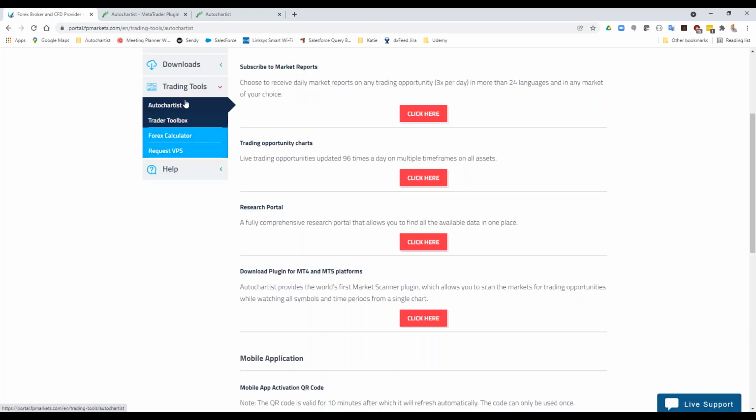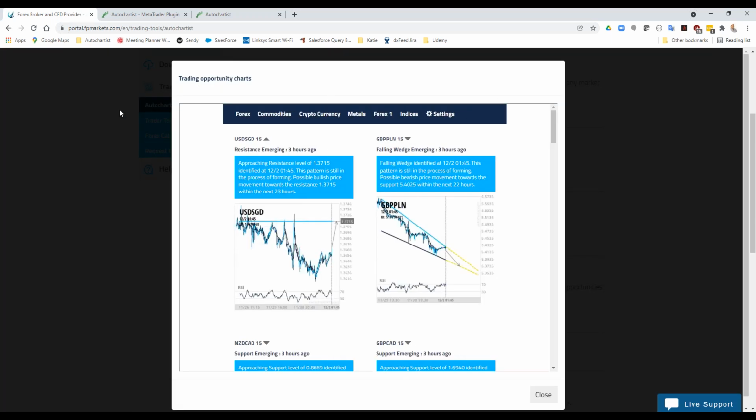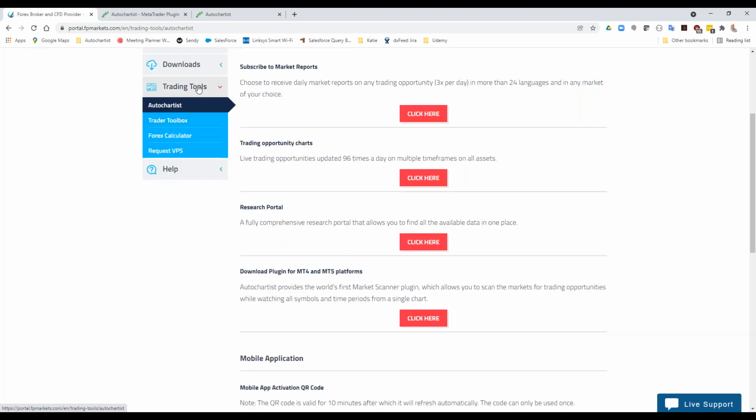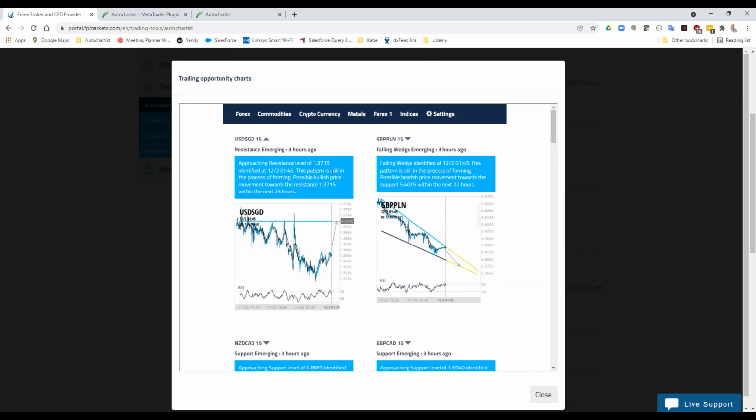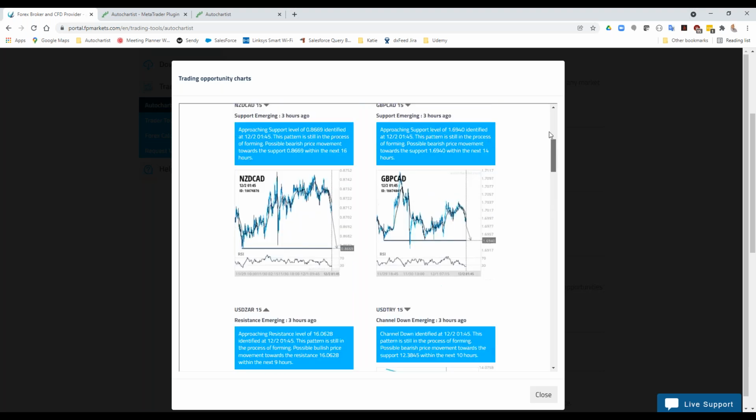There's also trading opportunities charts on the FP Markets website. If you click on Trading Tools, Autochartist, Trading Opportunities Charts, you can go in here and see what's going on in the markets without having to open up Meta, right?